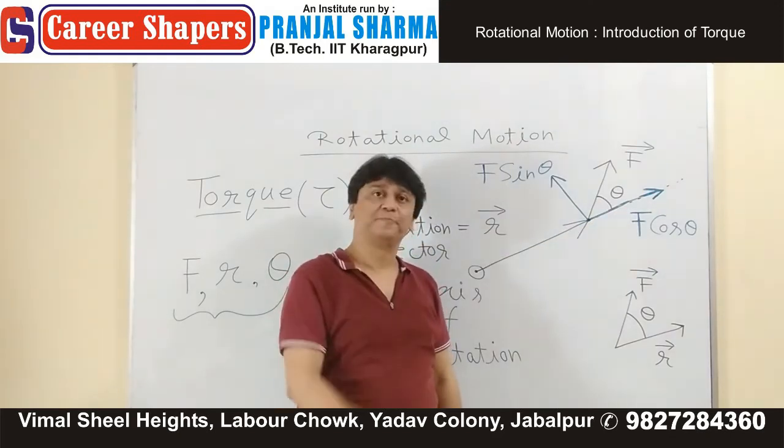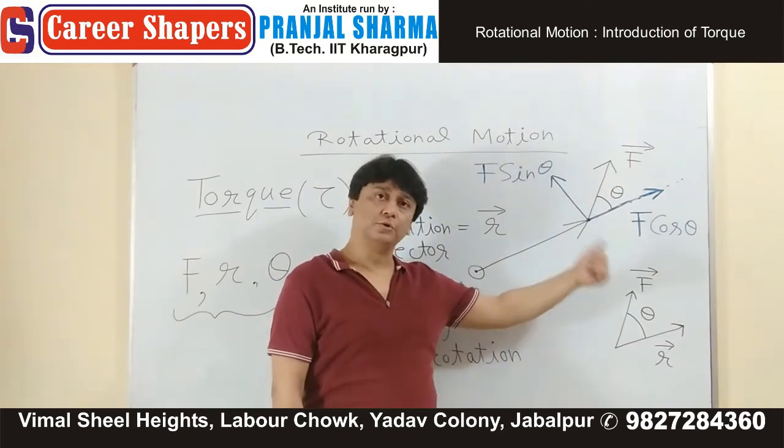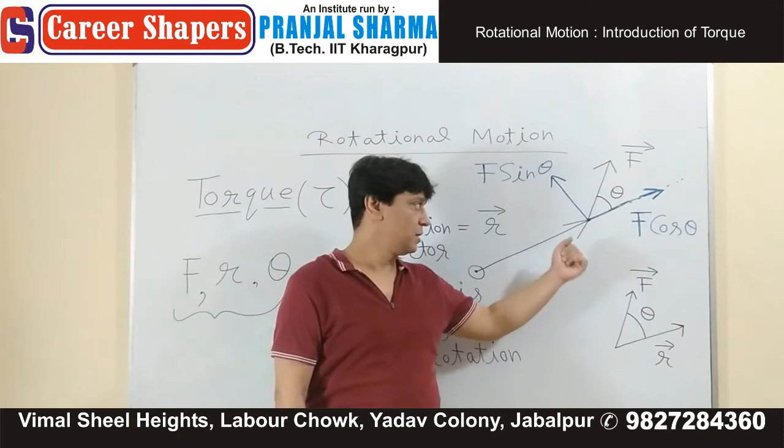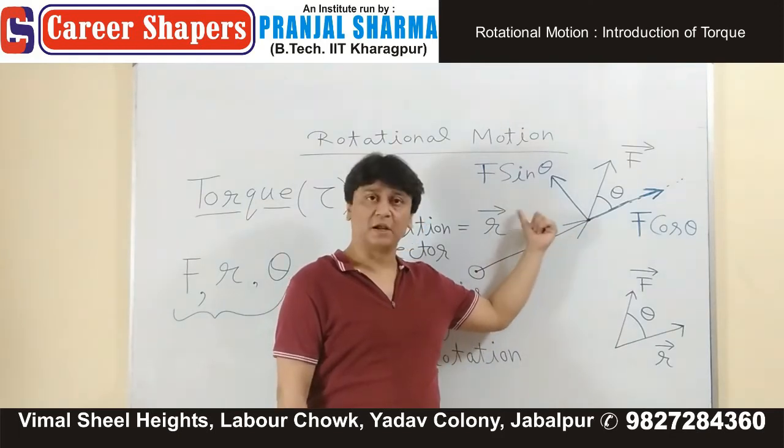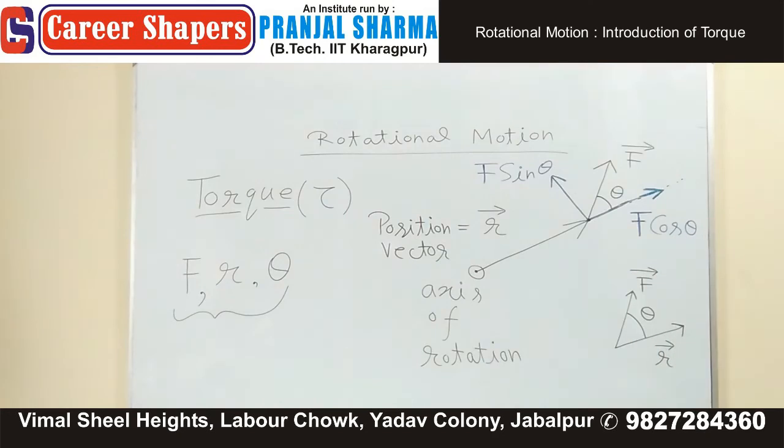Now tell me, which component can produce rotation in the body? F cos or F sine? Write down this in the comment box. Which component can rotate this body? Cos or sine? And it is something which everybody can feel.